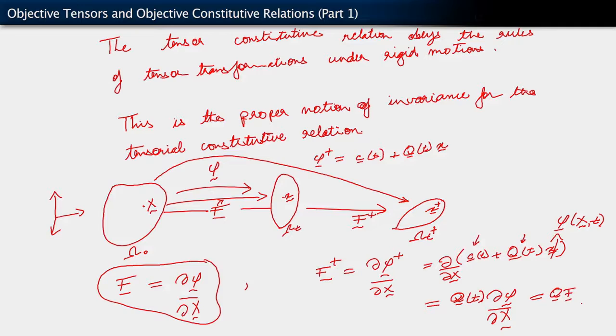This is how the deformation gradient transforms. So F plus for rigid motions is QF. Observe that it is not Q F Q transpose, which is the way objective tensors transform.